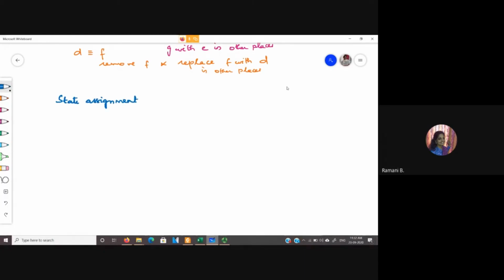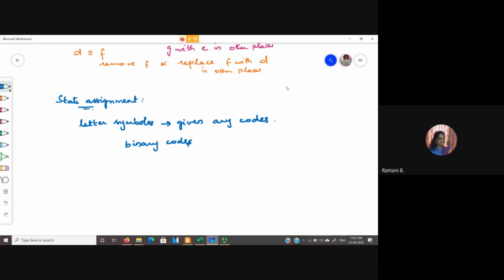So you need to know state assignment. What state assignment is: you define the letter symbols by giving them codes. Generally, we use binary codes.